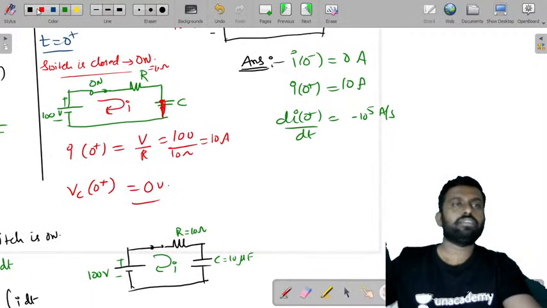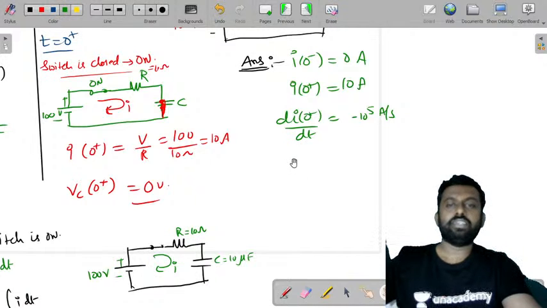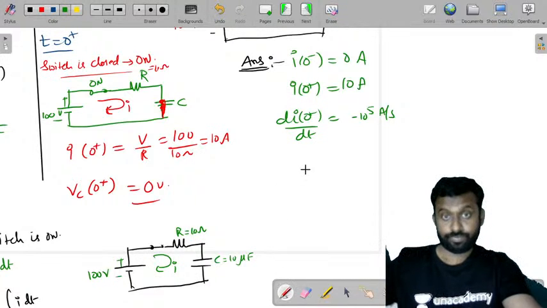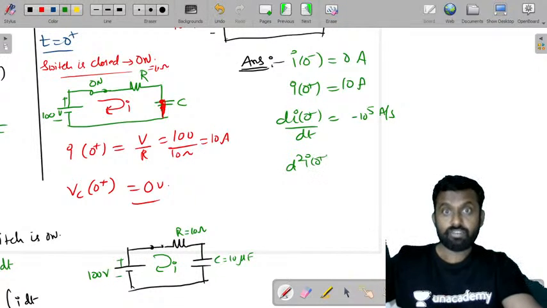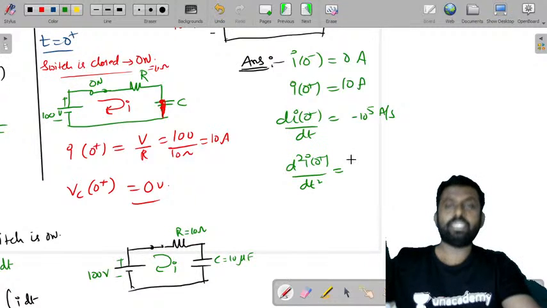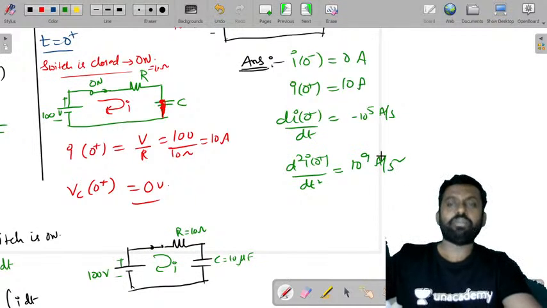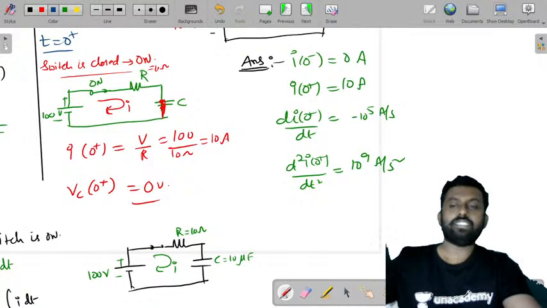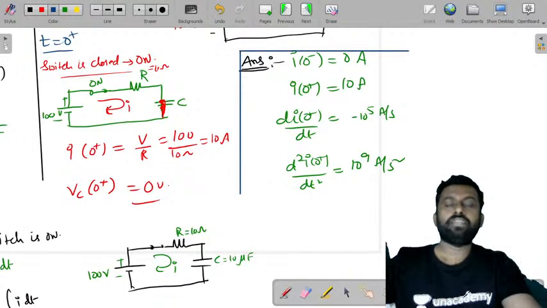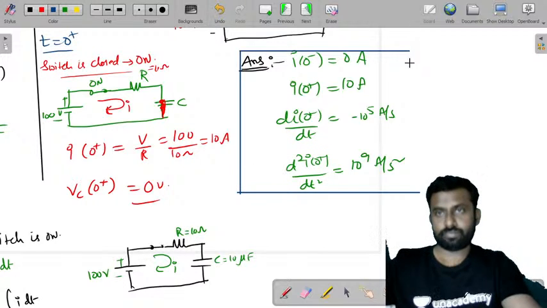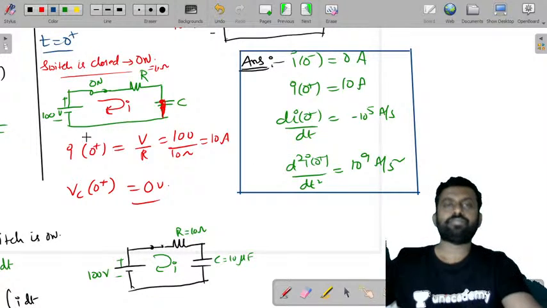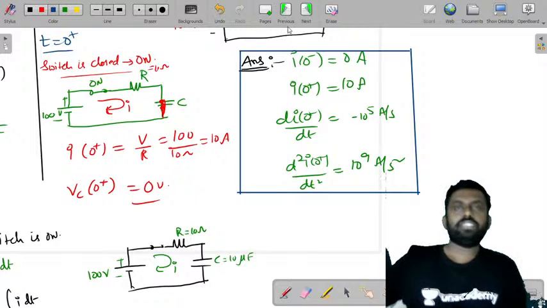Next, d square I of 0 plus by dt square is 10 power 9 ampere per second square. So these are the answers required for the given question, right? So this is the second problem.